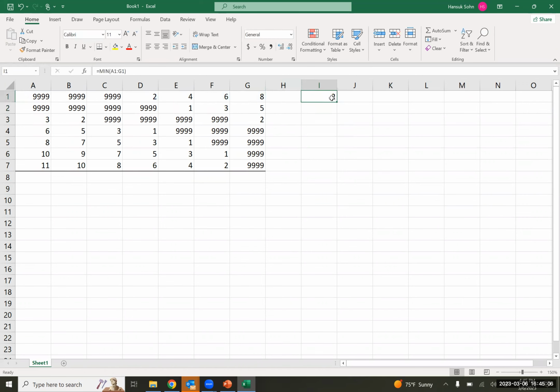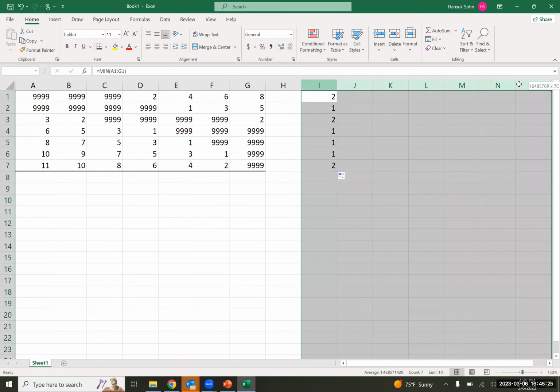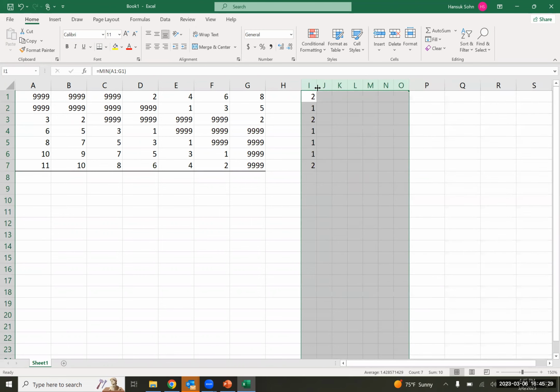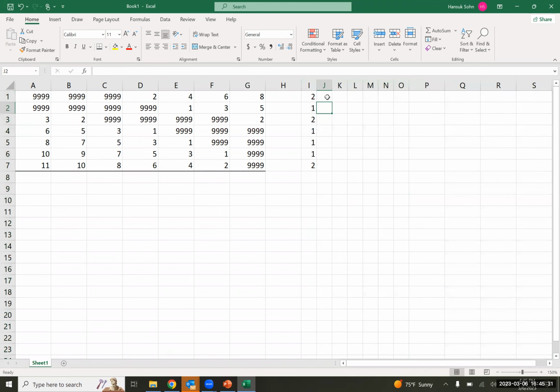It's 2, and we're going to do the same thing. So those are the minimum values for each row, and we are going to subtract this amount from each cell of each row. In order to do that, let me just copy this minimum value.